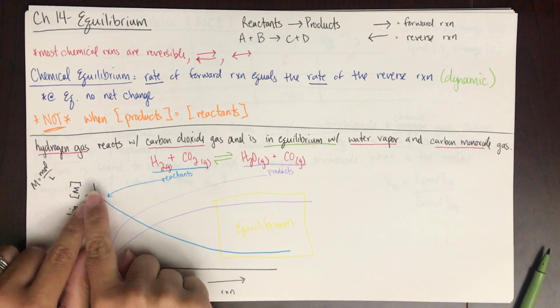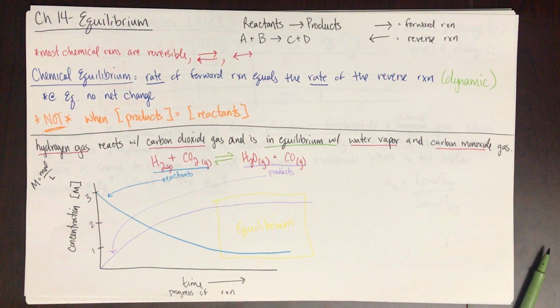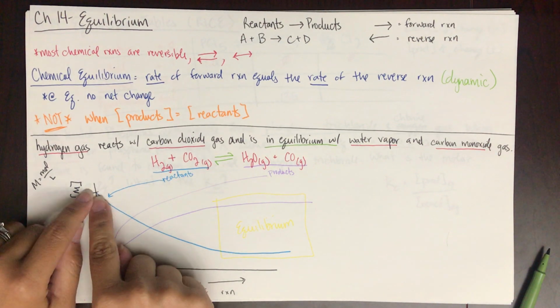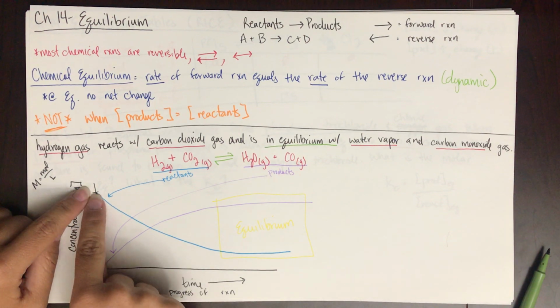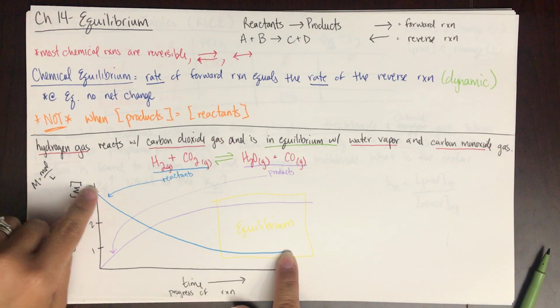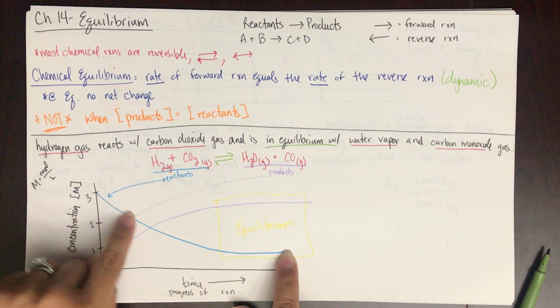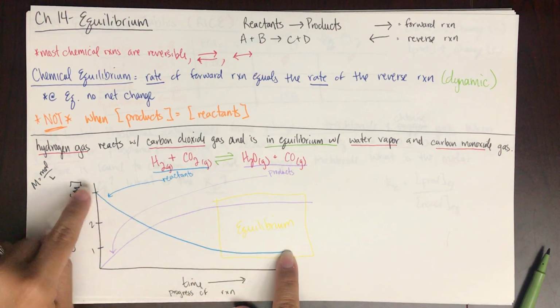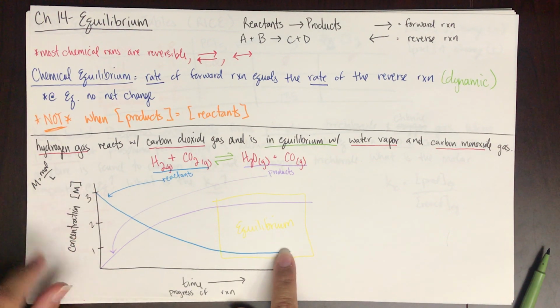So at the beginning of this reaction, it doesn't matter what the actual equation is, they all follow this same pattern. At the start of this chemical reaction, we have some amount of reactants, and as we reach equilibrium, the amount of reactants that we have decreases. So this is going to be a negative change because the concentration is decreasing over time from initial to equilibrium.